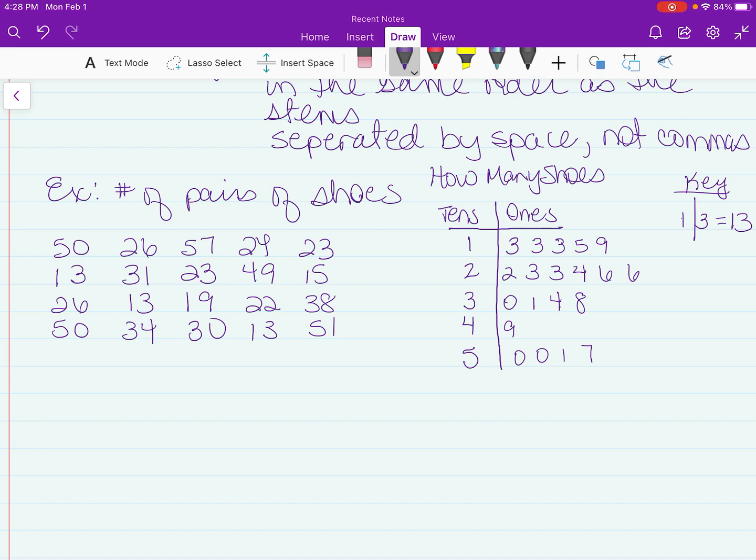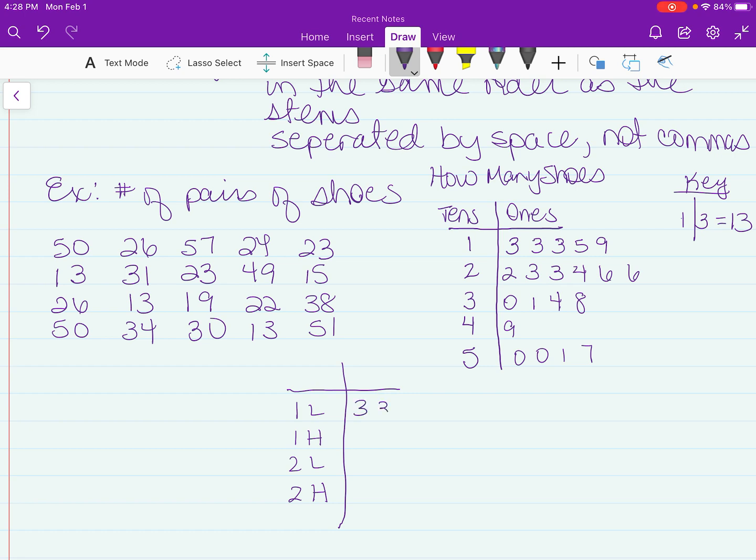Some people will also split the stems into highs and lows, so you may see that as well. So you would have 1 low, 1 high, 2 low, 2 high, and I'm just going to give you an example of what that means.